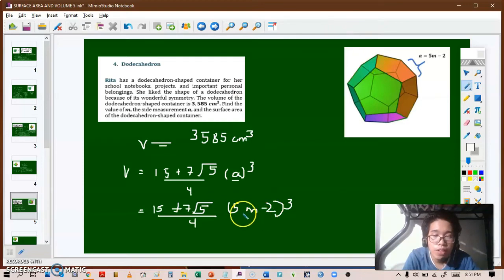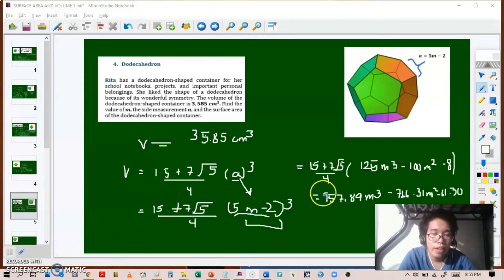Okay, so we have here the side measurement, which is 5m minus 2. We just substitute that here, and we just need to find the cube of this binomial, 5m minus 2. So we have the formula 15 plus 7 square root of 5 all over 4 times 125m cubed minus 150m squared plus 60m minus 8, when we expanded 5m minus 2 raised to the power of 3.